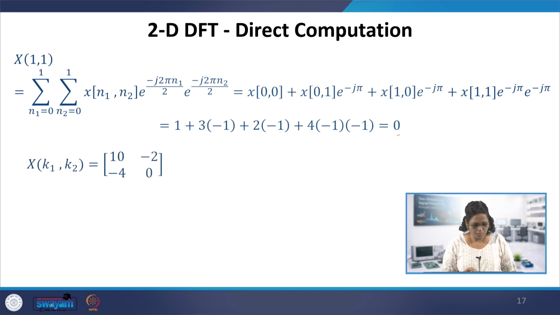Now, the values we got for x of k1 comma k2 are 10 and minus 2, minus 4 and 0. So 0 0 is 10, and then we got minus 2 and minus 4 and 0 for the others, the last being the 1 1 component.